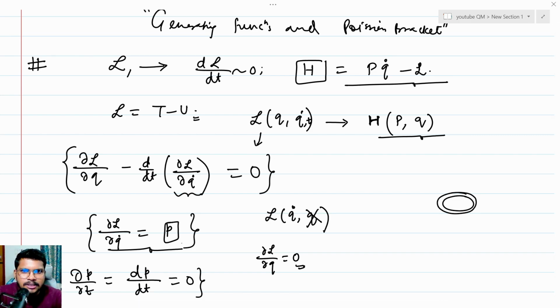Suppose somebody has given you some Lagrangian, then your first job is to find some constant quantities, that is, some constant generalized momenta. If I know what the generalized momenta are, I can easily predict what kind of motion the particle would have, and that is very interesting.